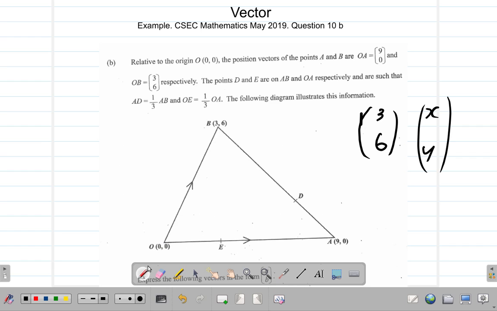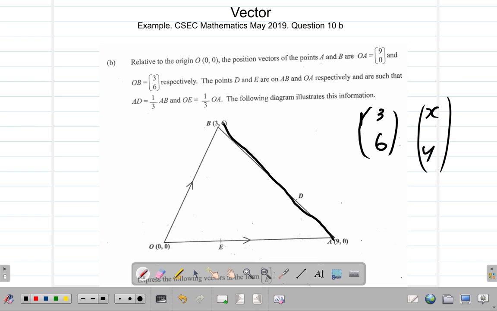Now, the point D, this is D, and E, this is E. You see D and E. They are on AB. D is lying on AB.